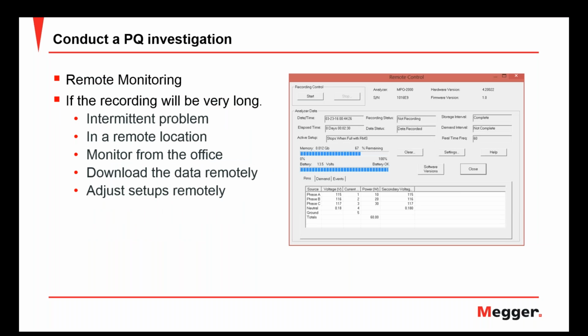If it's very intermittent, I may actually want to do a remote monitoring where I hook it up to Wi-Fi or some type of Ethernet, and I can monitor remotely from my office and download the data. This way I don't have to keep traveling back and forth between the location. So this is just a much easier way of trying to isolate or find those really intermittent problems.